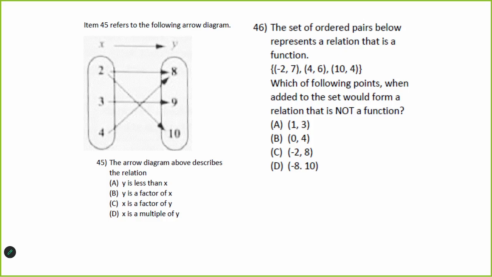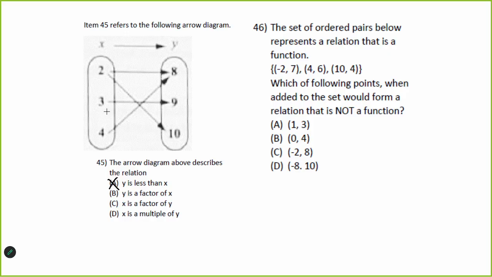Let's look at January 2021. Item 45. Which of the arrows best describes the relationship between x and y? y is less than x, that is incorrect. y is a factor of x?